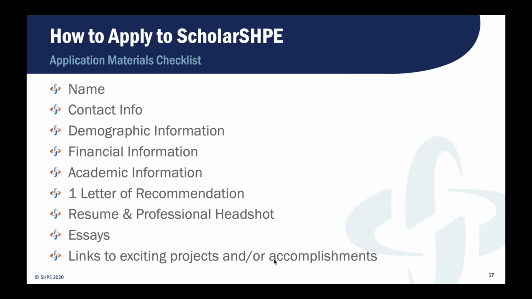Things that you should keep in mind: name, contact info, your demographic information, financial information around FAFSA if you filled it out, if not, your family income information that you can self-report, your academic information, who you're going to ask for your letter of recommendation, resume, professional headshot, your essays, any links to exciting projects, accomplishments, any articles through, say, your school paper that's been written about you, anything like that. You want to start gathering all this in one central location so you can have it ready for your application.